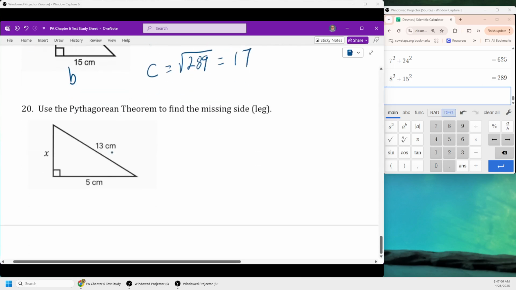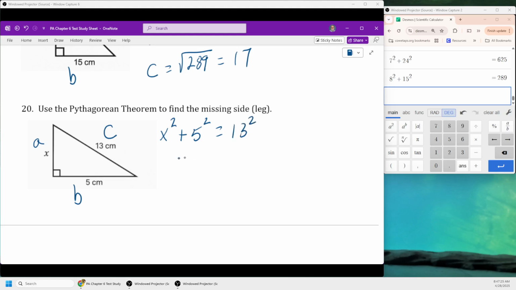And then number 20, again, the two legs are here where the right angle is, and then our hypotenuse is C. So it's going to be x squared plus 5 squared is equal to 13 squared. That is 25, and that is 169.